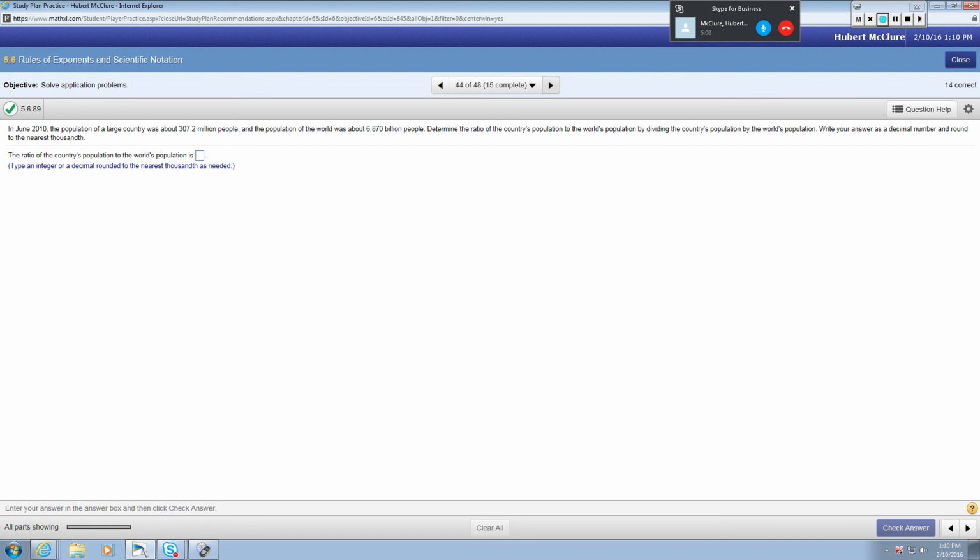Now that's something you should know. Now that you have it in regular notation, you can change that into scientific notation.